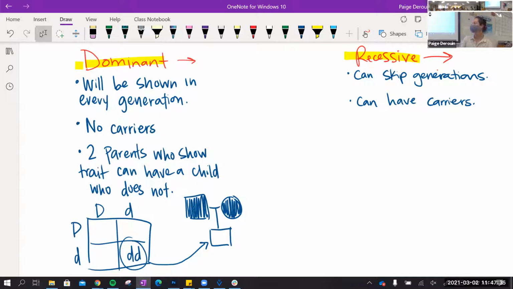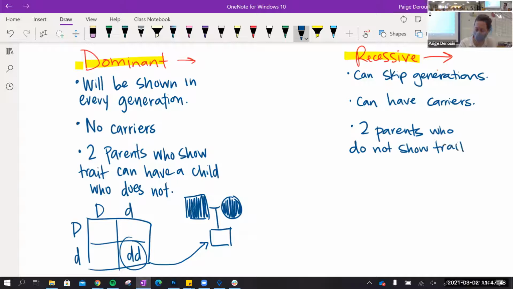And for a recessive trait, you can have two parents who do not show the trait can have a child who does.